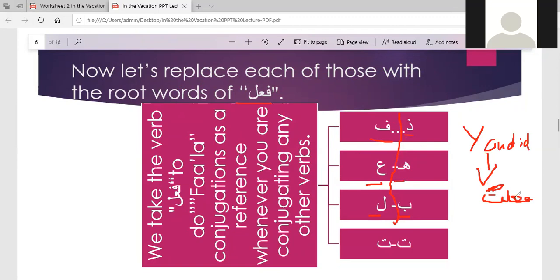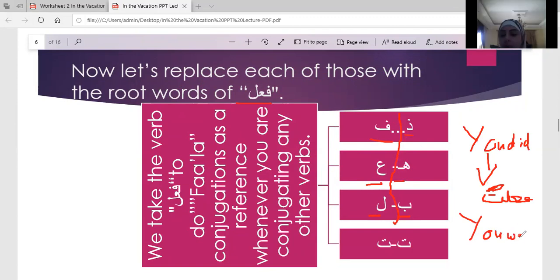If you did is فعلت, what does you went mean now? Alex, I'm talking about you went. We said that we take do as a reference. You went. What do you mean by went, Alex? Went, in general.